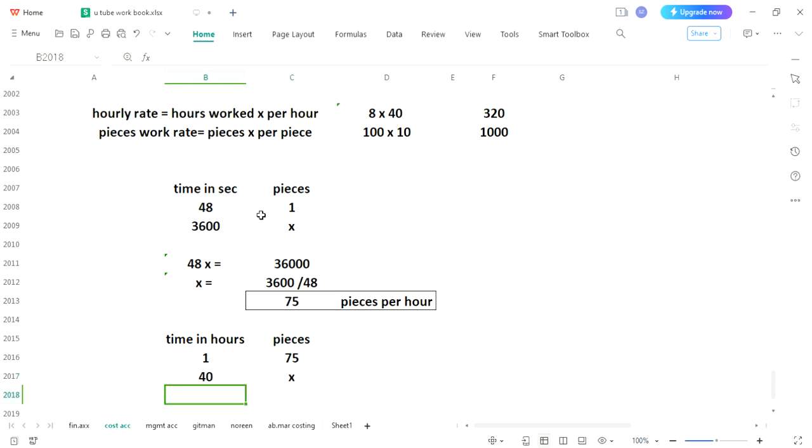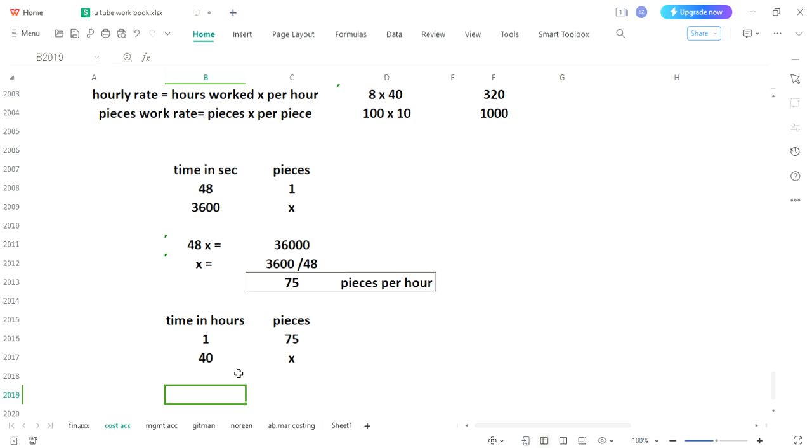Again listen, in the first part of the question what you have calculated: in 48 seconds 1 piece was made, so in 1 hour, that means 3600 seconds, how many pieces can we make, and we have assured that 75 pieces must be made in 1 hour. And now what we are doing: in 1 hour 75 pieces are made, how many pieces would be made in 40 hours?